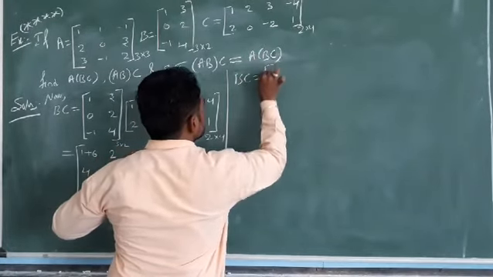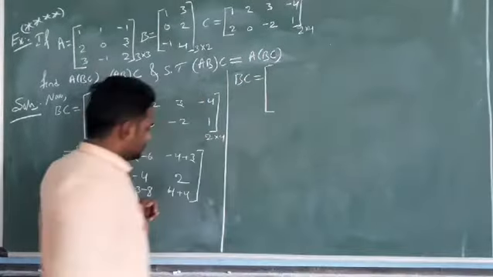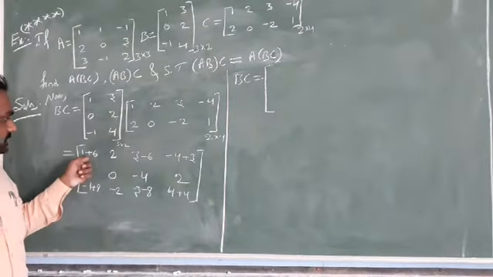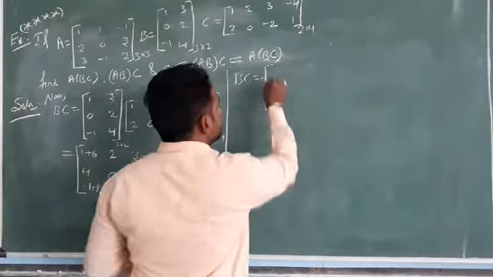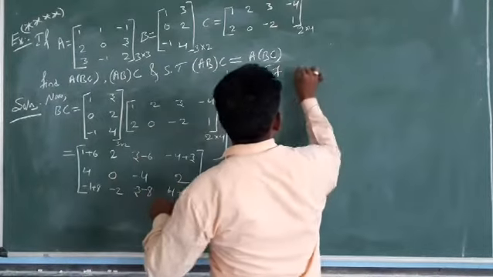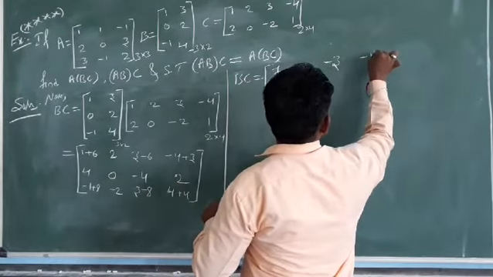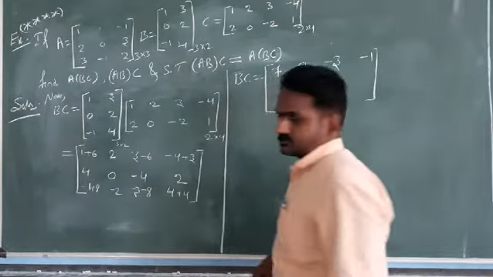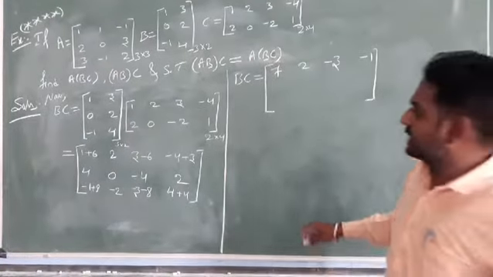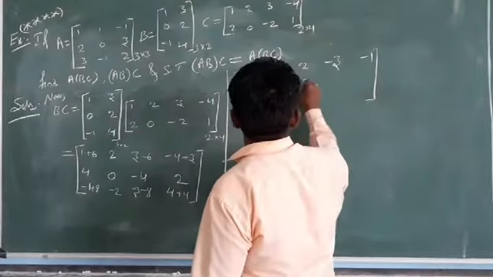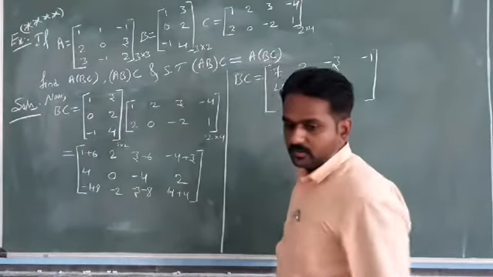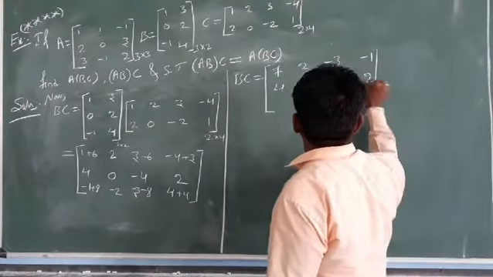is equals to a 3 by 4 matrix, that is 6 plus 1, that is 7, 2 minus 3 and minus 1. First 2 elements. And next 4, 0, minus 4 and 2. Okay.